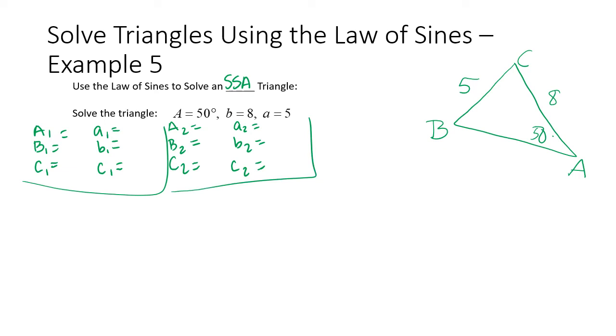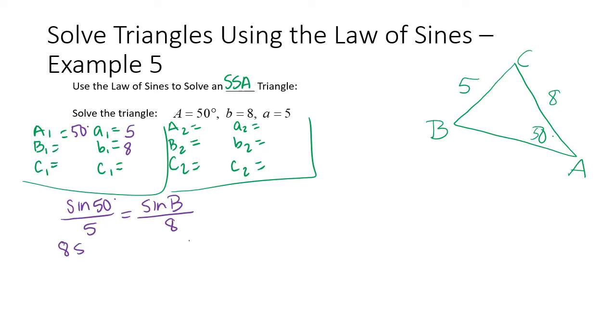All right, so I know angle A is 50, little a is 5, little b is 8. So let's solve for angle B first. So I've got the sine of 50 degrees over 5 equals the sine of angle B over 8.